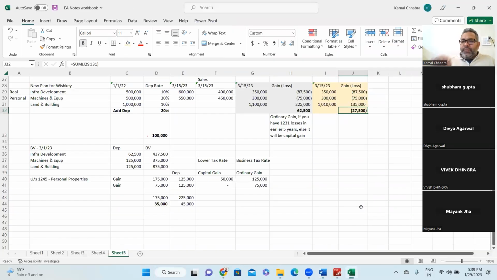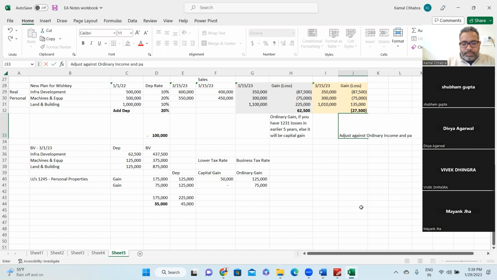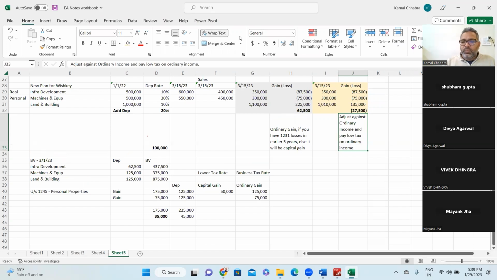Make sense? If you have a net loss of 1231, then you can adjust it against ordinary income and pay lower tax. Make sense?